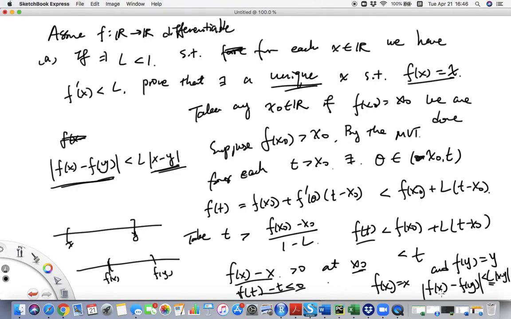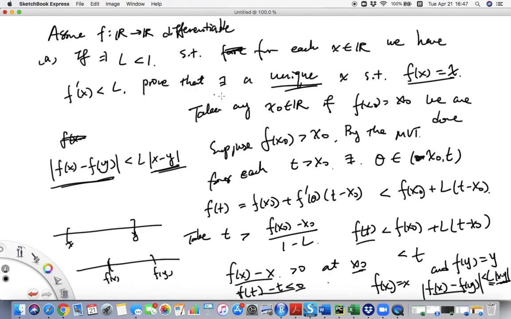That cannot happen, because this is equal to that. So this can only happen if the absolute value of x minus y is equal to 0, right? And that means x is equal to y. So the fixed point is indeed unique. Okay, so that's that.